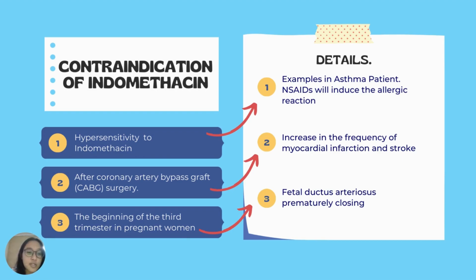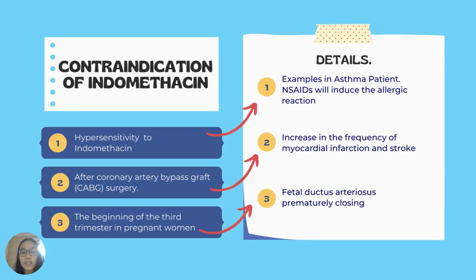The second contraindication is in patients after coronary artery bypass graft, or CABG, surgery. Based on two large clinical trials of using NSAIDs during the first 14 days after CABG surgery, an increased frequency of myocardial infarctions and stroke was reported.